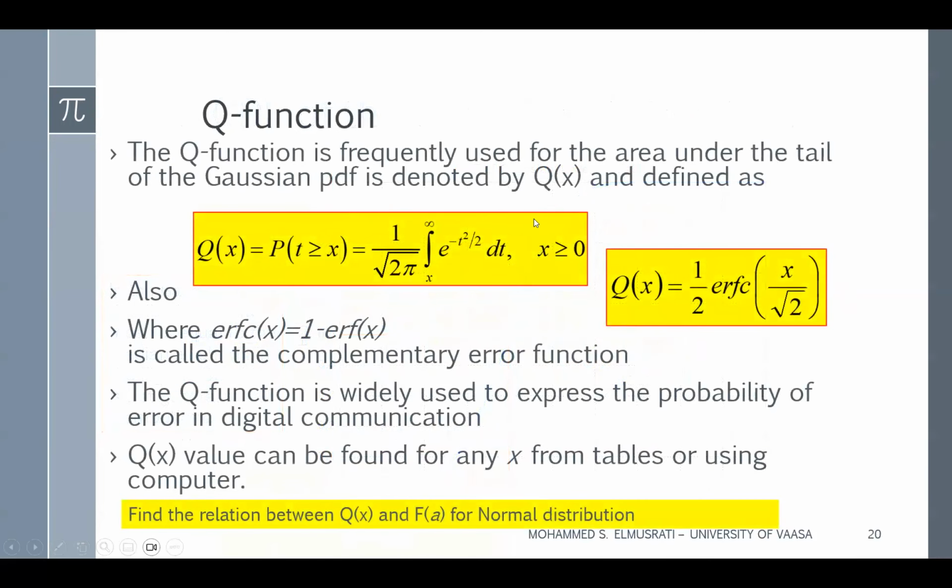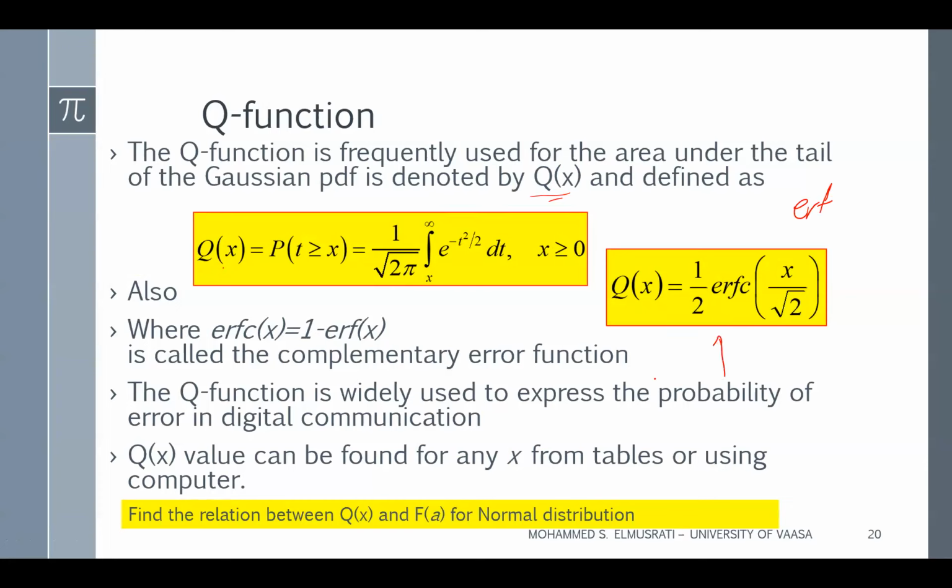And in telecommunication, we use the Q function more than the error function. The error function is used in statistics a lot, but in telecommunication, we use the Q function. The Q function is nothing but computing the tails, the probability of the tail of the Gaussian distribution. So you can see that the Q function is defined as the probability of the tail.